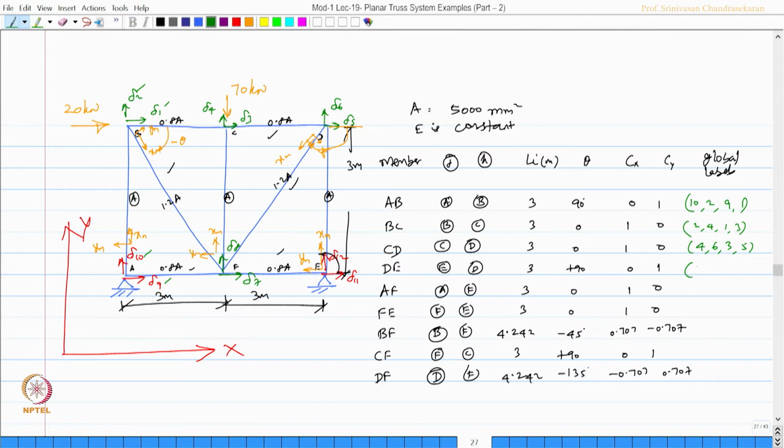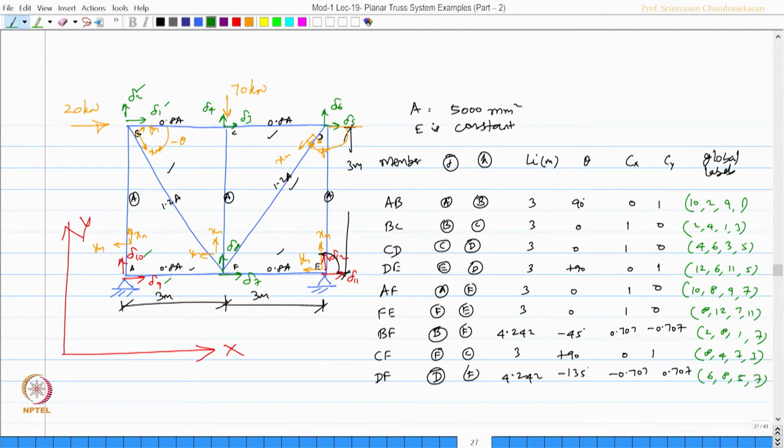For the next member 12, 6, 11 and 5. For the next member 10, 8, 9 and 7. For the next member 8, 12, 7 and 11. For the next member 2, 8, 1 and 7. For the next member 8, 4, 7 and 3. For the next member 6, 8, 5 and 7.